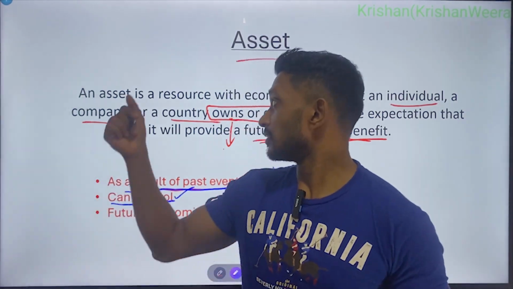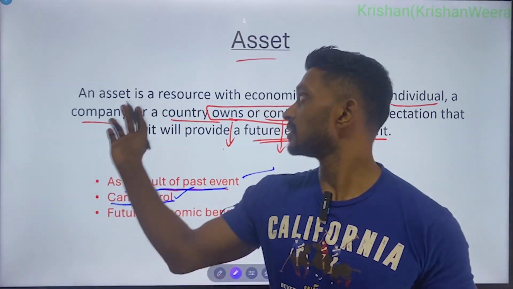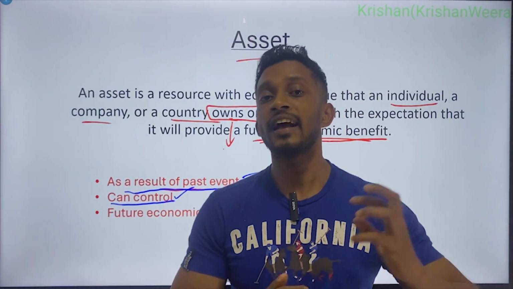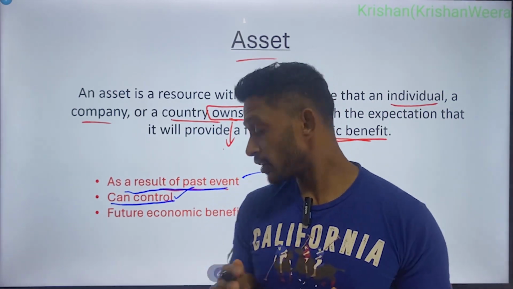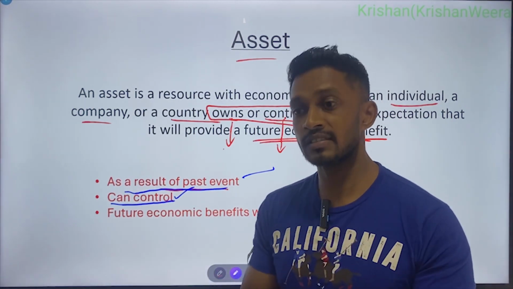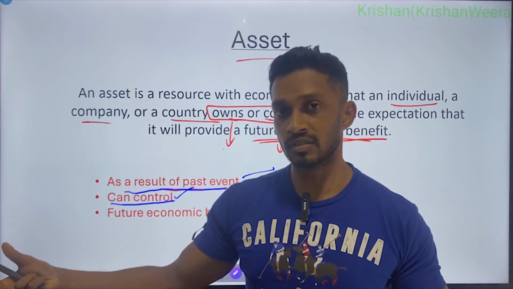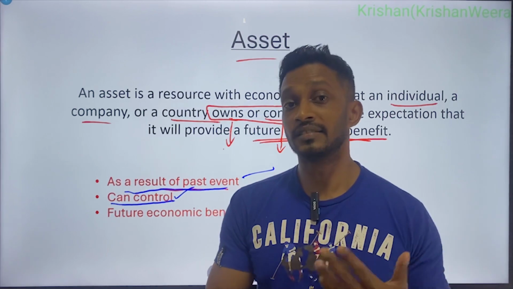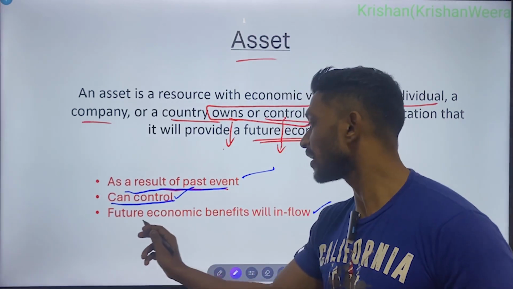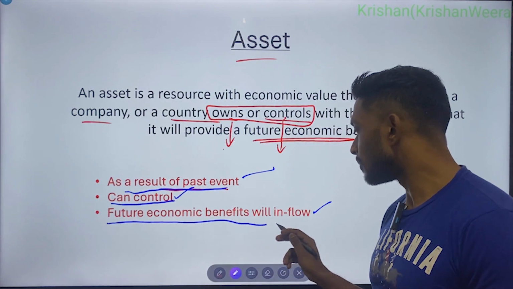For example, an ERP system is also an asset. You can't get any cash inflow through the ERP system, but you get support to streamline your process and make more revenue, and you can make things very easy through the ERP system. That is also a kind of economic benefit.